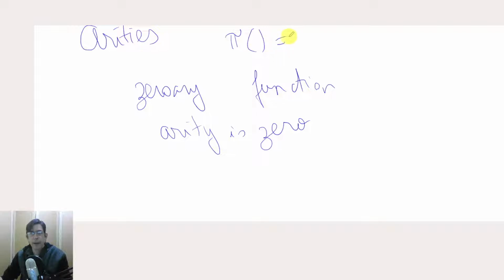The function pi returns 3.1415.9. Let's just leave it there. So you could see pi as a function that receives no argument. You can have a function with arity 1, arity 2.